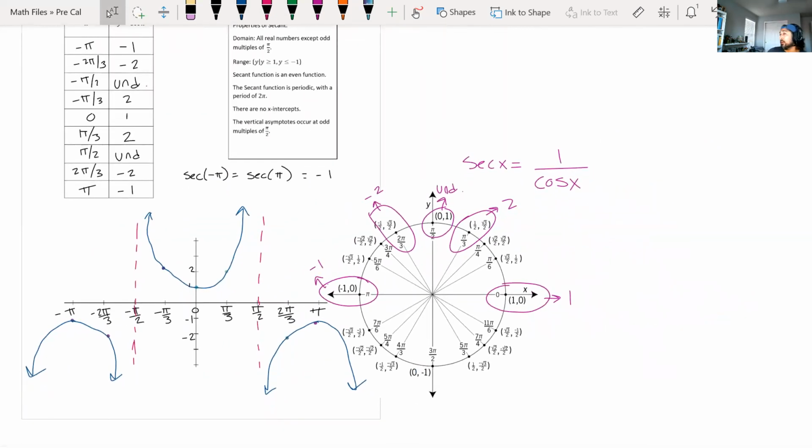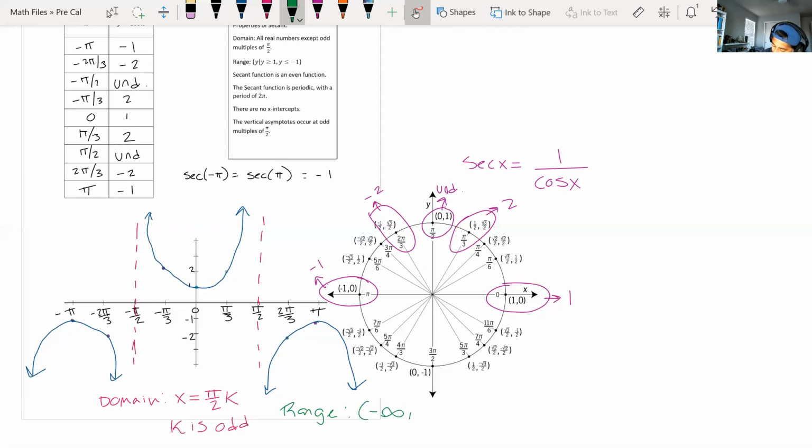Properties: domain is all real numbers except odd multiples of pi over 2. To put that in writing, your domain is x can't equal pi over 2 k, where k is odd. And then your range is just like cosecant.